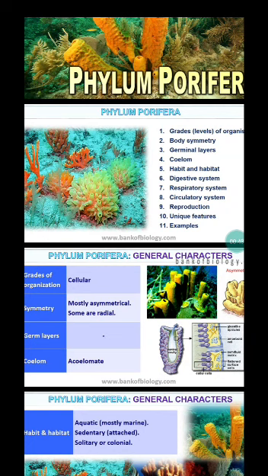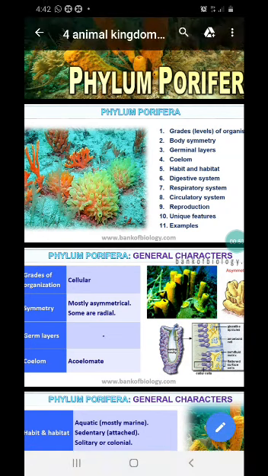And some of the examples are radial. They show radial symmetry. What do you mean by radial, children? That is more than one plane. They can be divided into two, right and left halves, right? But mostly they are asymmetrical, and some examples are radial.